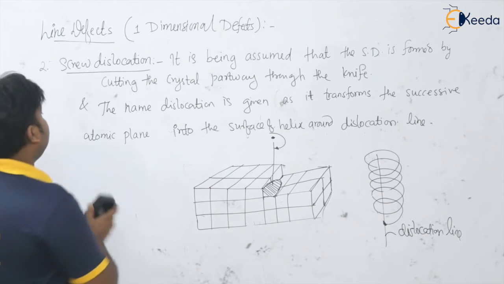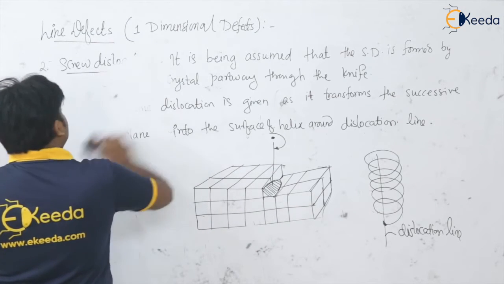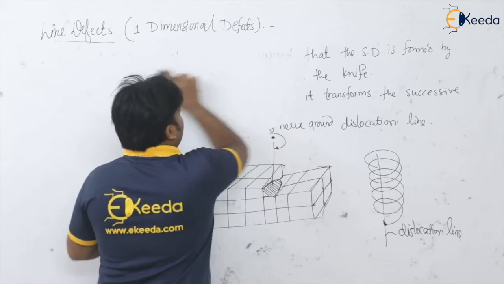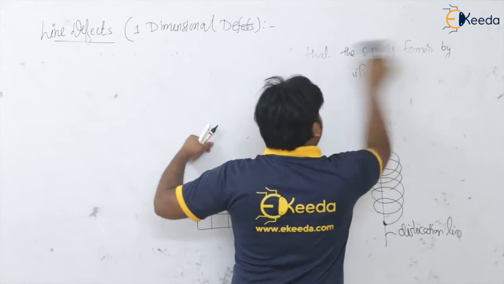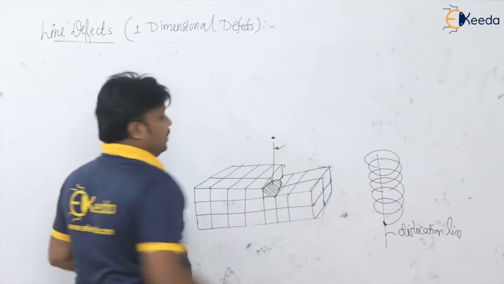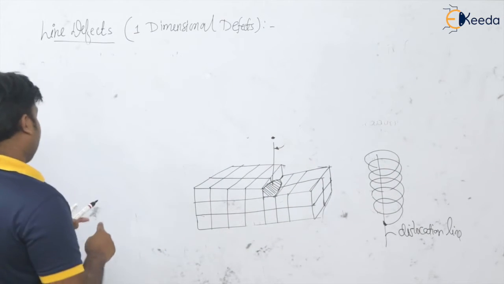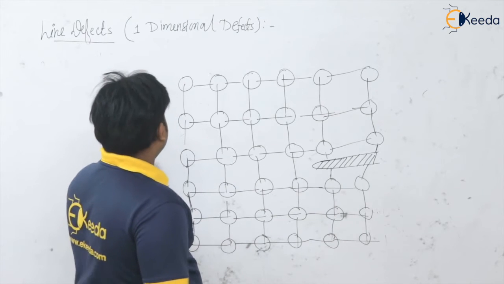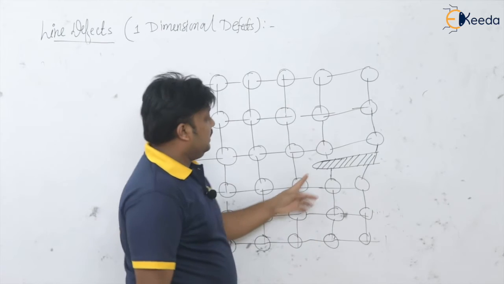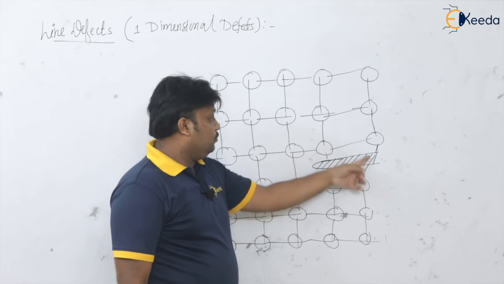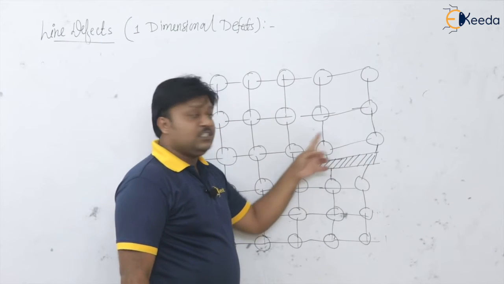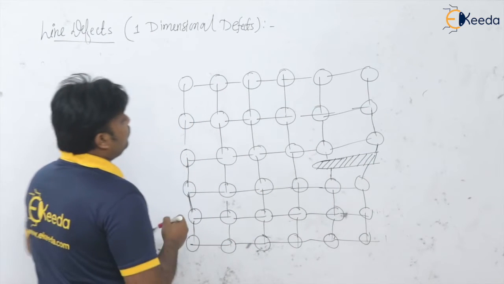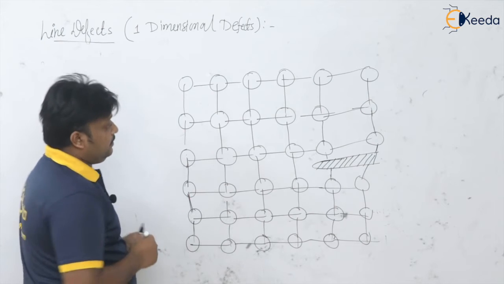And if you see here the Burgers vector for the screw dislocation, let us draw this diagram for the screw dislocation. This is the atomic arrangement, and of course for that we are going to find out the Burgers vector.